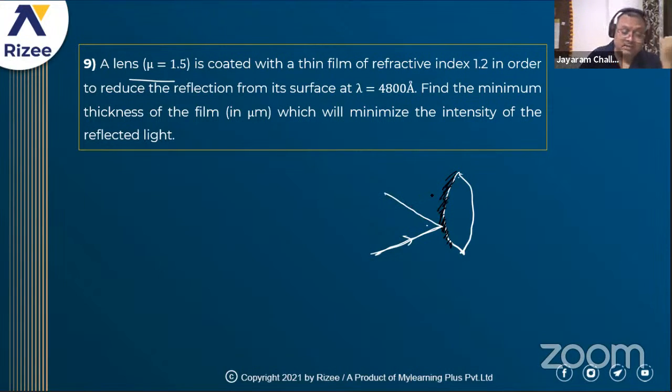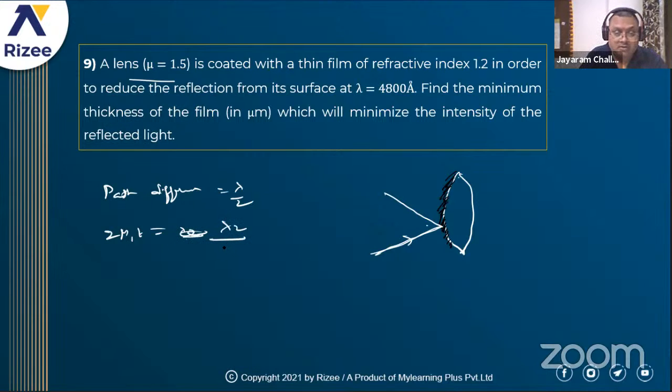Now in that sense, the path difference is equal to lambda by 2. This is 2 mu 1 into t, which equals lambda by 2. Or simply you can erase this one, lambda by 2. So from this one, we need the thickness of the film.